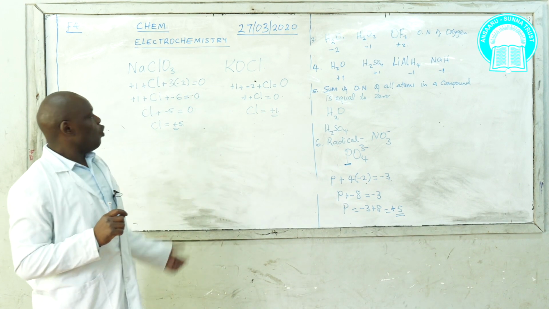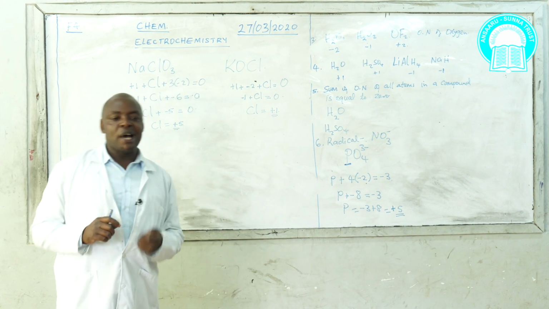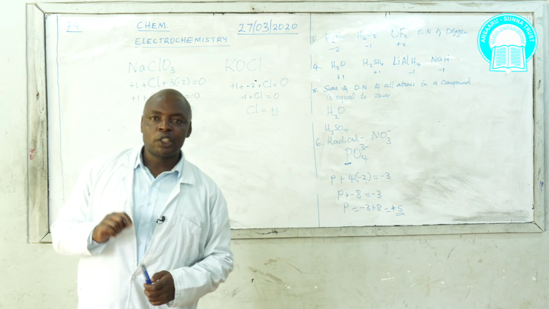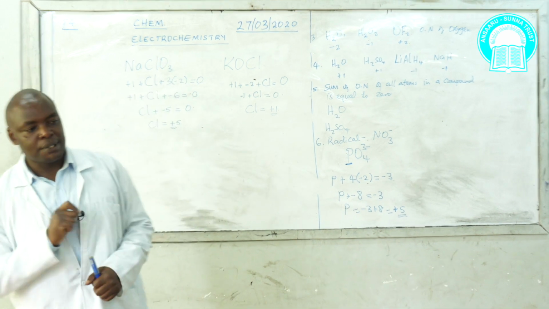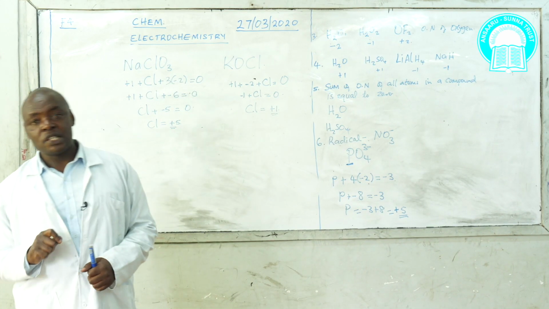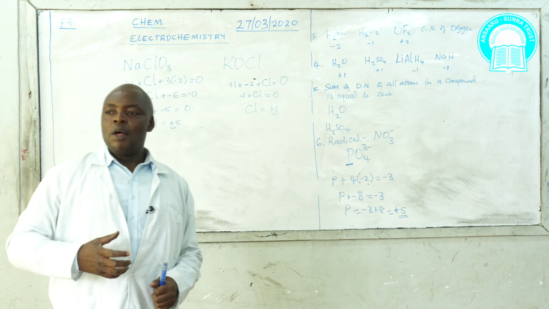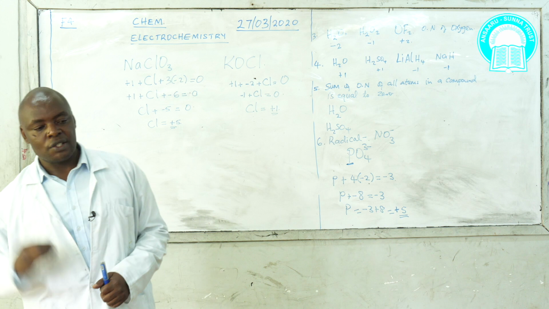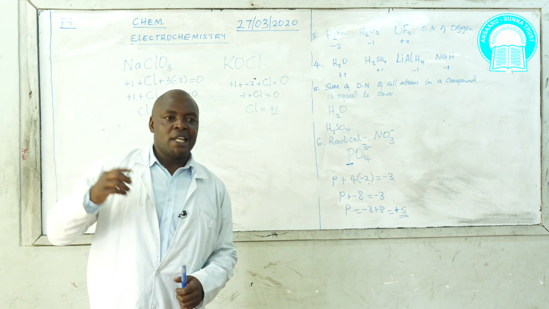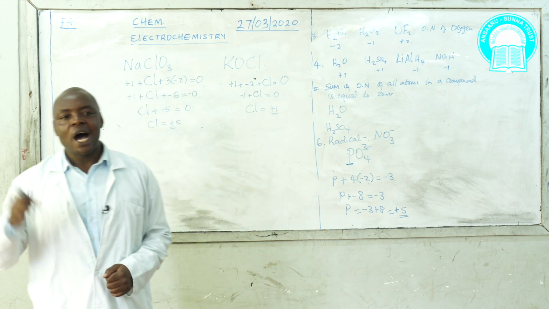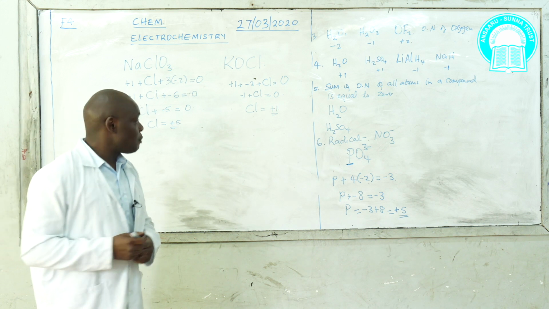The substance whose oxidation number increases, it means electrons have been lost from that substance. As I said previously, when a substance loses electrons, the oxidation number increases. If the oxidation number decreases, it means electrons have been added to that substance.